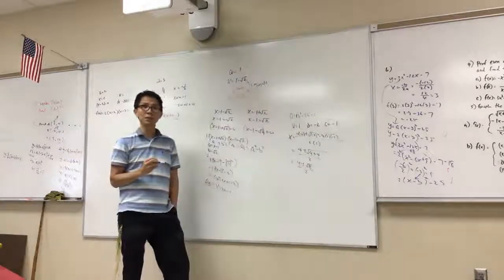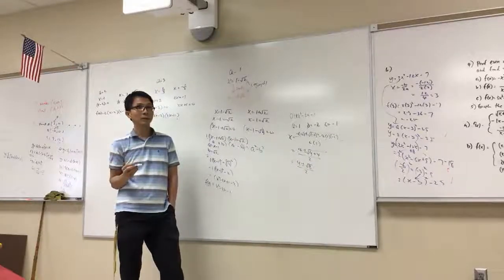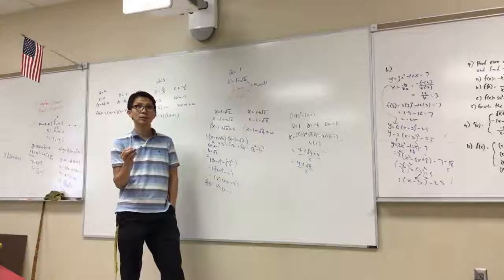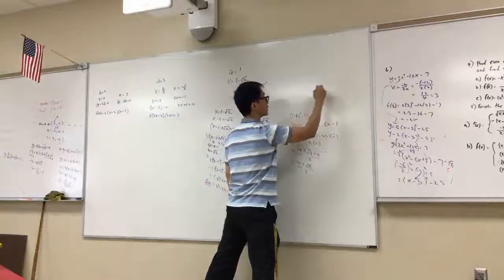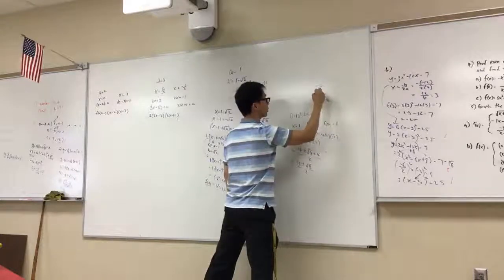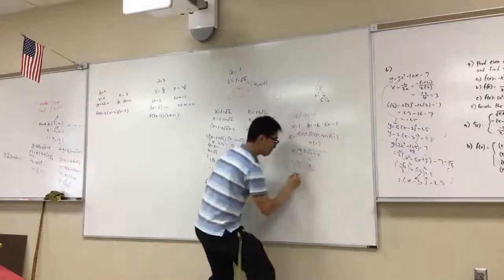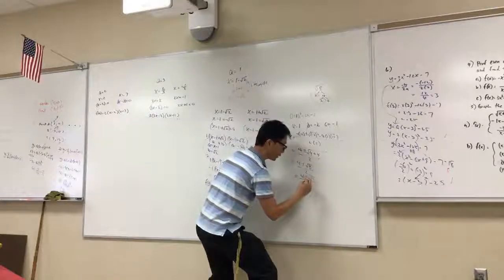Can I simplify the square root of 8? Square root of 8 can be simplified: 8 is 2 times 4, and 4 is 2 times 2, so you can take out a 2. So it'll be 4 plus or minus 2 square root of 2 all over 2.